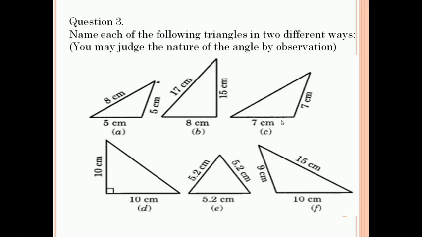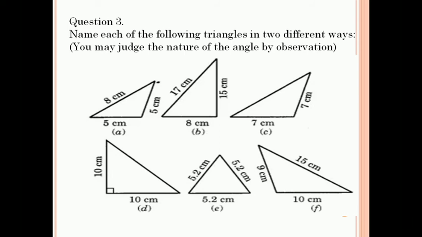It is also a little bit obtuse, so we write obtuse angle triangle. This sign indicates that its measurement is 90 degrees, so we write right angle triangle. All the angles of this triangle are acute, so we write acute angle triangle. And this angle is more than 90 degrees, so we write obtuse angle triangle.